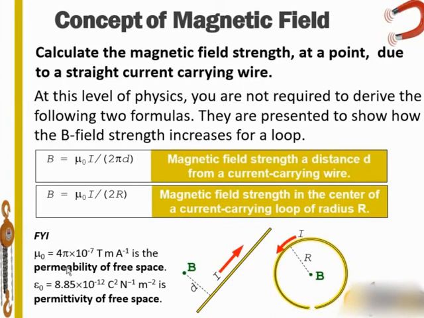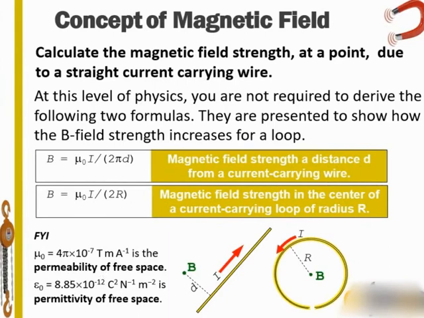So in other words, this is a coefficient. It's actually called the permeability of free space. And it's basically telling you that the magnetic field strength, in terms of the magnetic forces which are produced as a result of this magnetic field, is going to have an impact depending on the material or the medium that it's in.